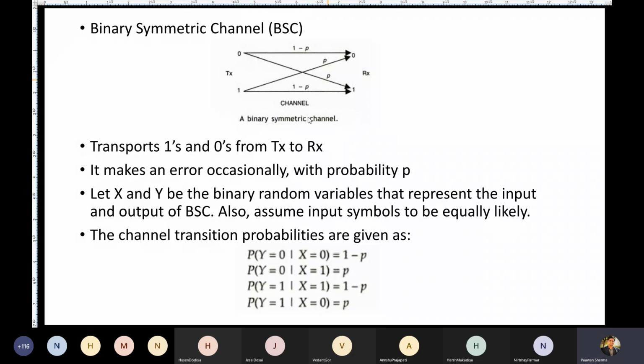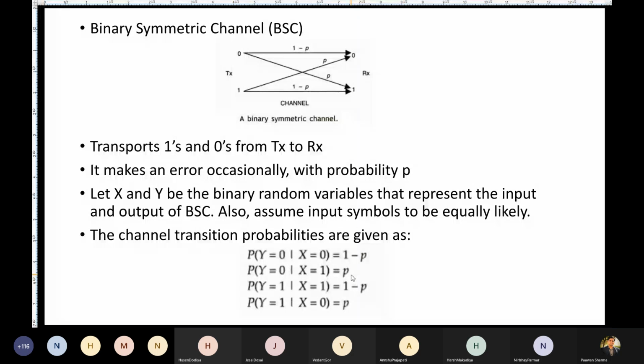The probability of Y being 0 means the bit being received is treated as 0 given a 0 was transmitted. So here you see, how much is it? 1 minus P. Probability of treating a received bit as 0 while it was actually 1 while transmitting. 1 transmitted and 0 depicted, what is its probability? P. So we have written this conditional probability as P.